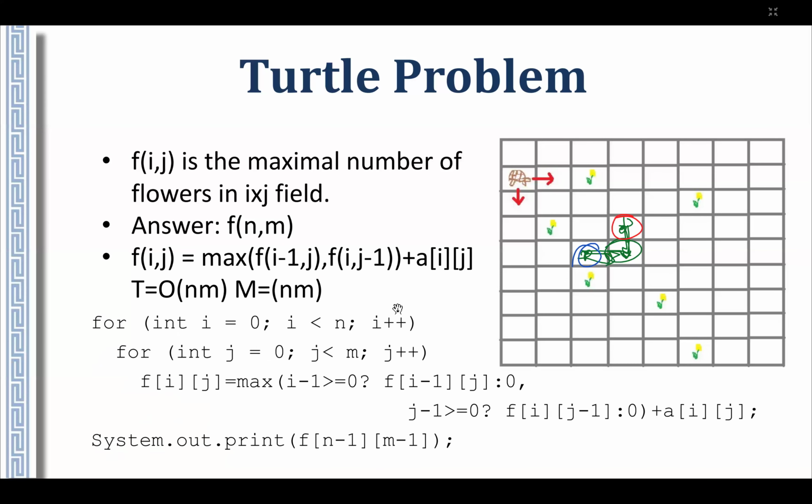Okay, we have such time and memory complexity, but what happens with corner cases? Firstly, we can solve this issue by changing the formula. We check that if we look at a negative index, then we just take 0, otherwise we take the value. The other way is just computing this column and this row by another rule.